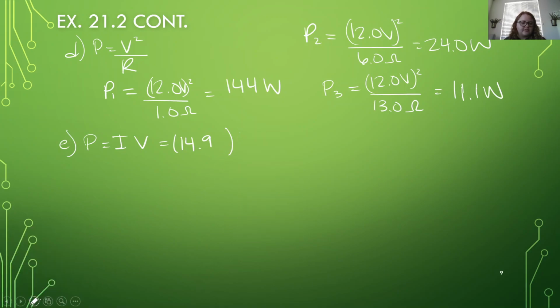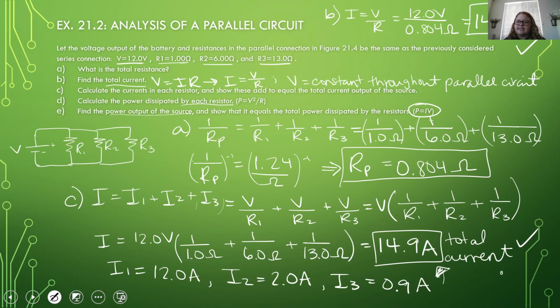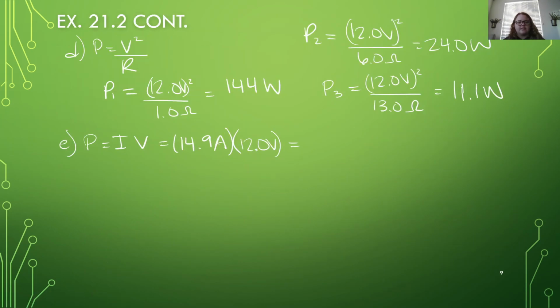Sorry about that. Amps. And then voltage again is 12 volts. That's not changing. Let me double check our current. Perfect. So we have 14.9 times 12. That gives me 178.8 watts approximately.